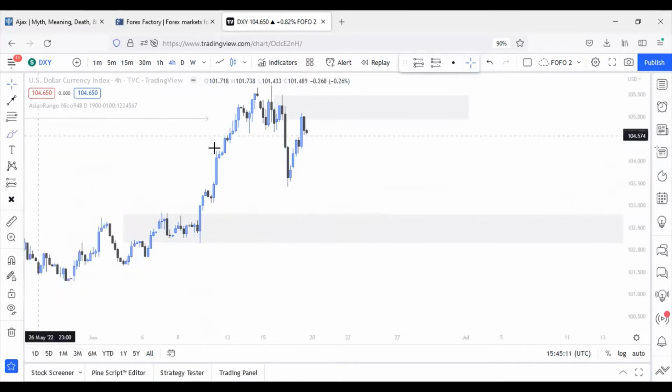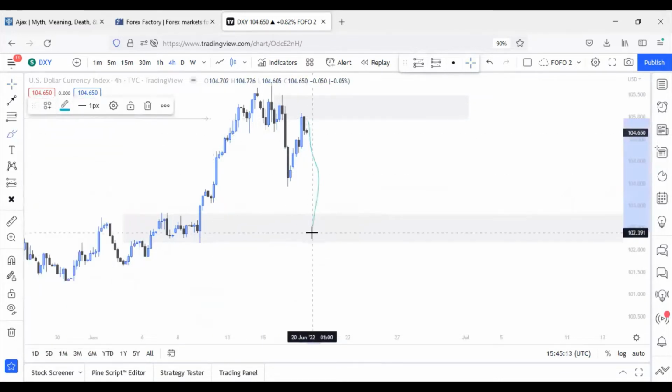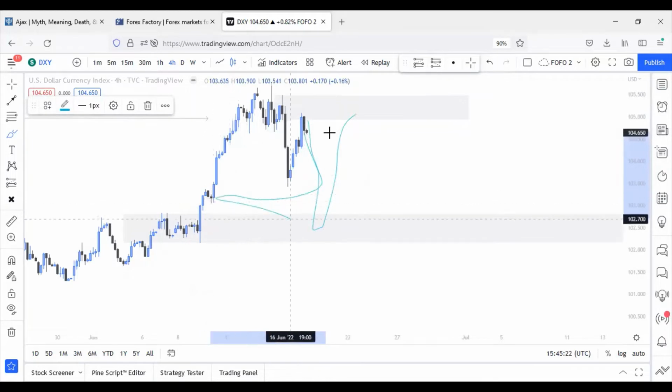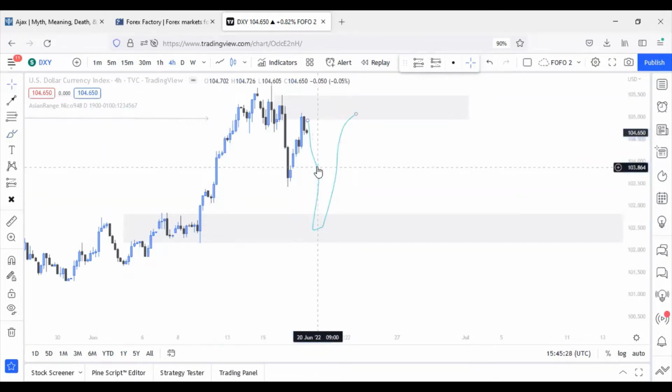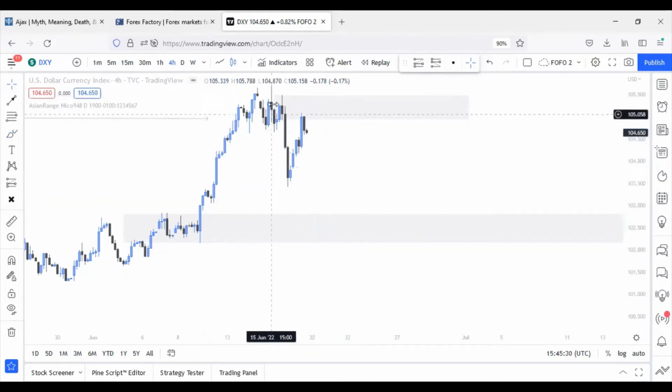So we could potentially see the Dixie sell into this zone before we see a buy, or potentially into this zone before we see, right? Before we see a move to the upside, which could potentially target these highs, right?